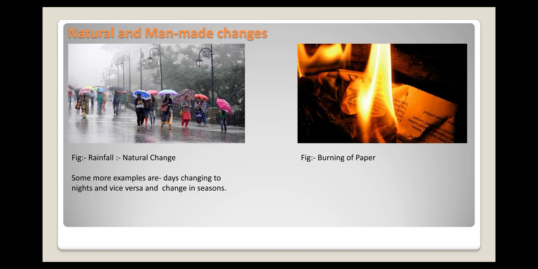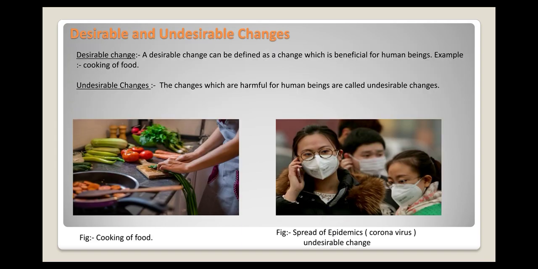Now our next kind of change is desirable and undesirable changes. As we know, a desirable change is a change which is beneficial for human beings. Example, cooking of food.